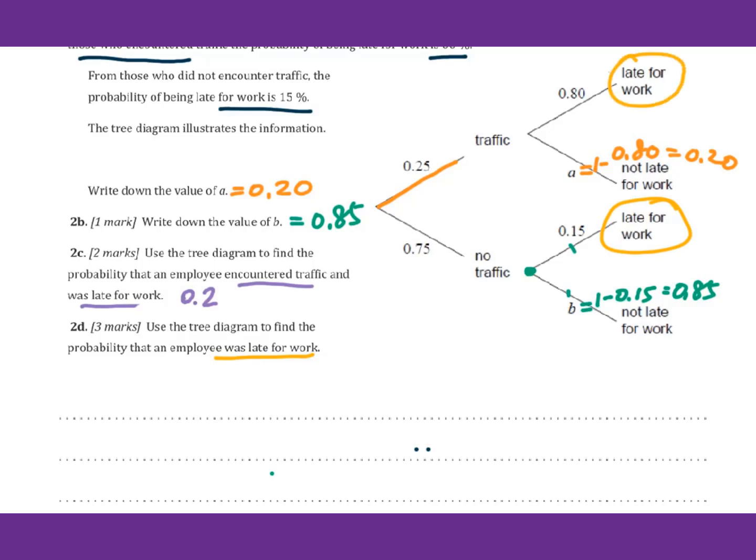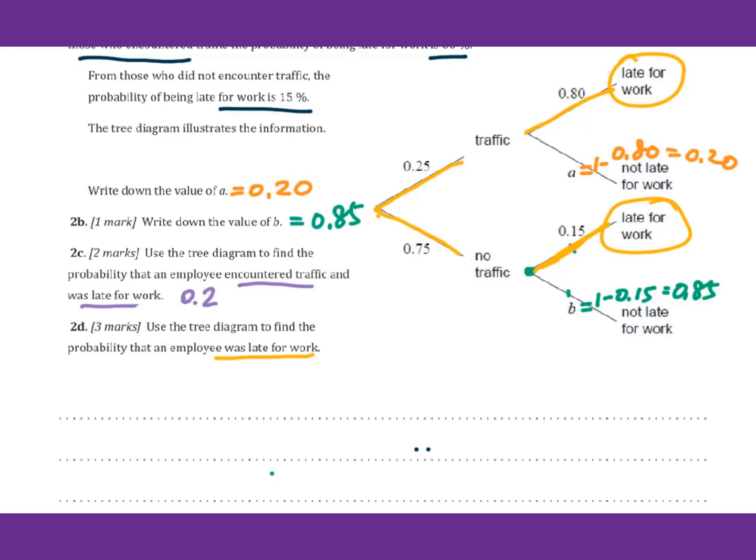Then go through the line from which line you can go to late for work. I have one line like this. Another line goes this way. Therefore, you have two lines. Then for each line you multiply, then you add.